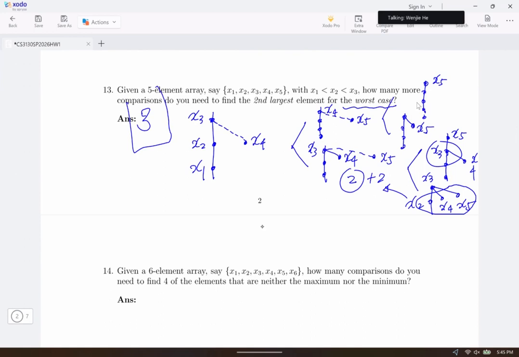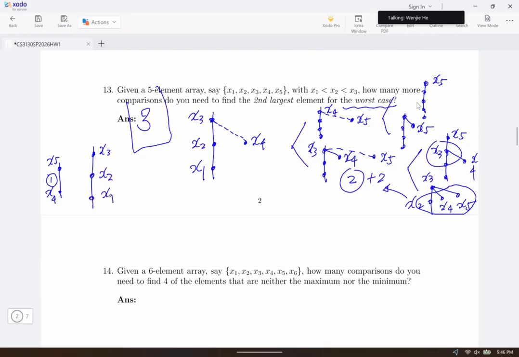The best solution: your first comparison is x4 and x5. We can assume x5 is higher than x4. Now you have 3 ordered elements.